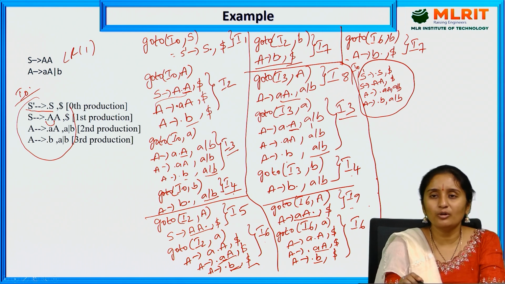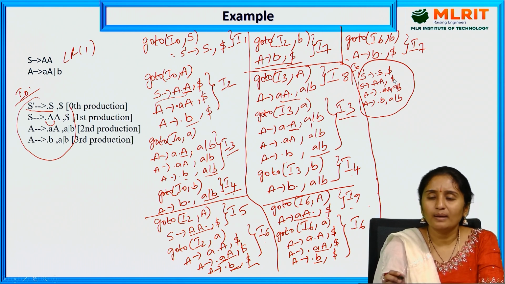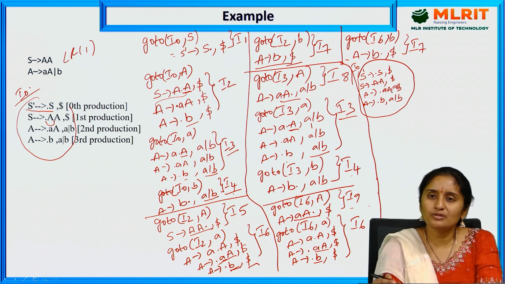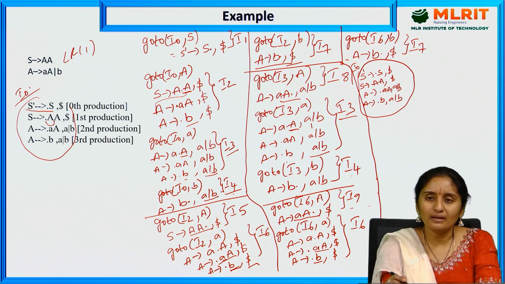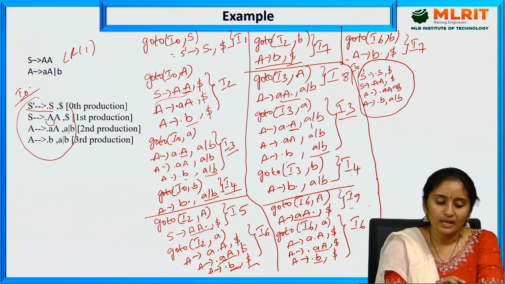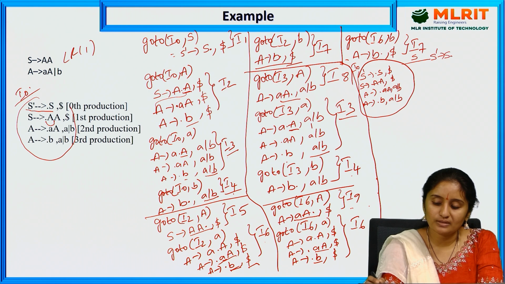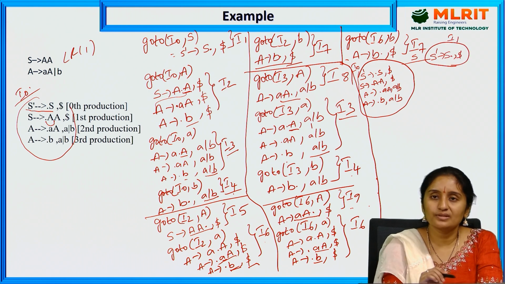So how we are plotting is, when I give some input on each state, it is moving to another state or maybe standing in the same state, like a DFA diagram we are implementing. I naught on capital S, where is it going? It is moving to S dash tends to S dot comma dollar. So this is nothing but I1 state.